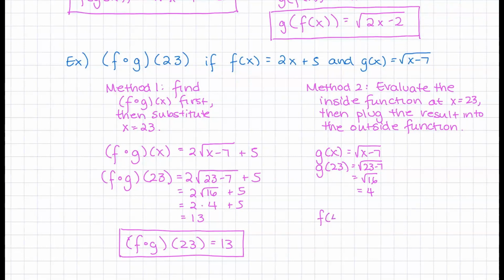So we're going to find f of 4, and we get 2 times 4 plus 5, which is 13. And it's the same thing we got on the left-hand side. So f composed with g of 23, what a shocker, still 13.